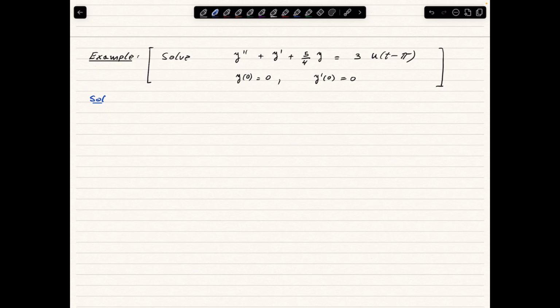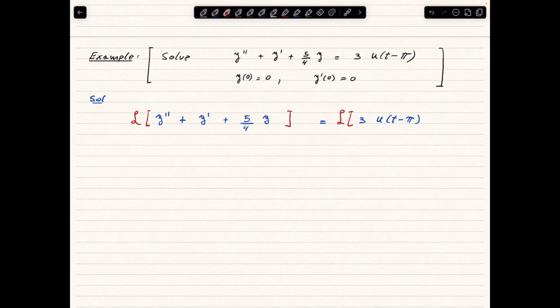We start writing the differential equation y double prime plus y prime plus 5/4 y. This is the equation we have to work with, and here we have 3, the step shifted by pi to the right. And the first thing we need to do is compute Laplace transforms on both sides of the equation.